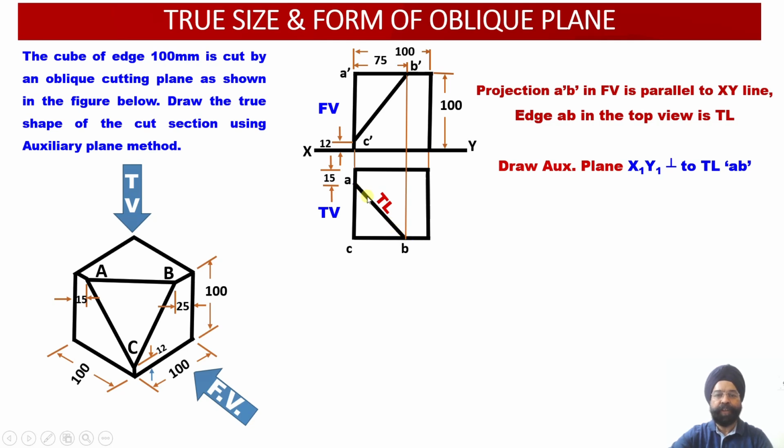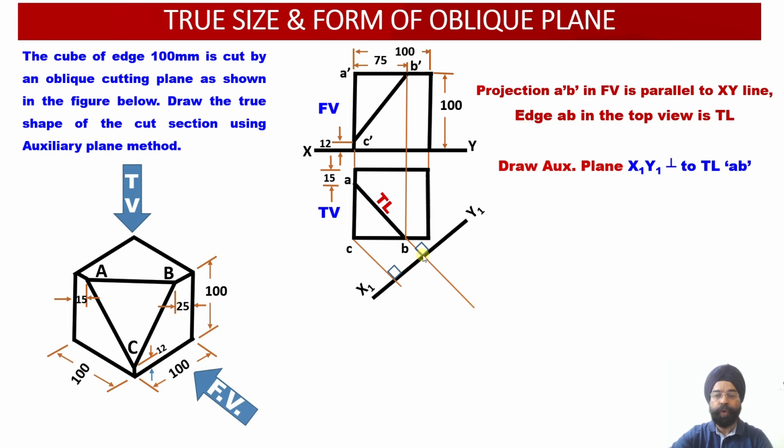Once we obtain the true length of one of the edges, I am going to extend this true length and draw another auxiliary plane perpendicular to this extended true length, which I have obtained in step number 1. So please see, I am now going to extend this true length. Whatever true length AB is there, I am going to extend it by another 10 to 15 millimeter.